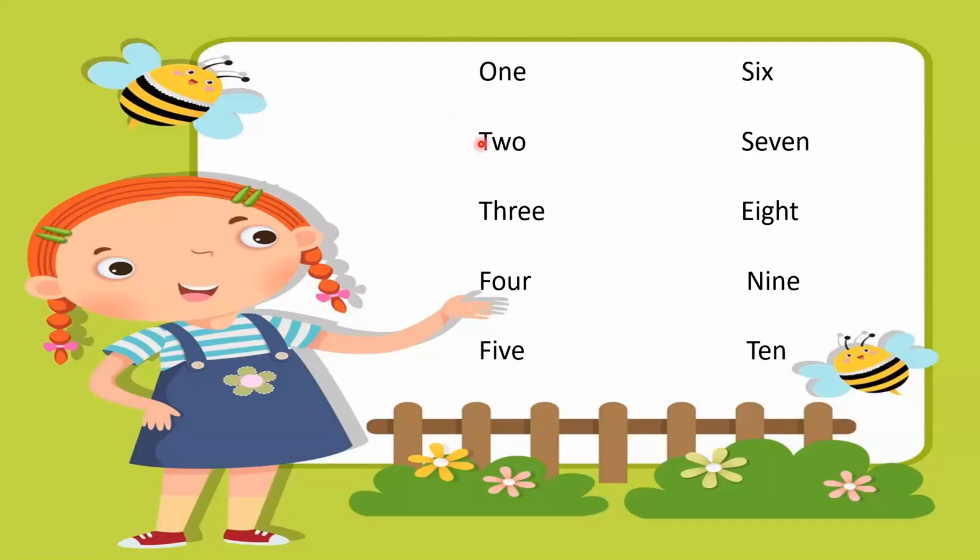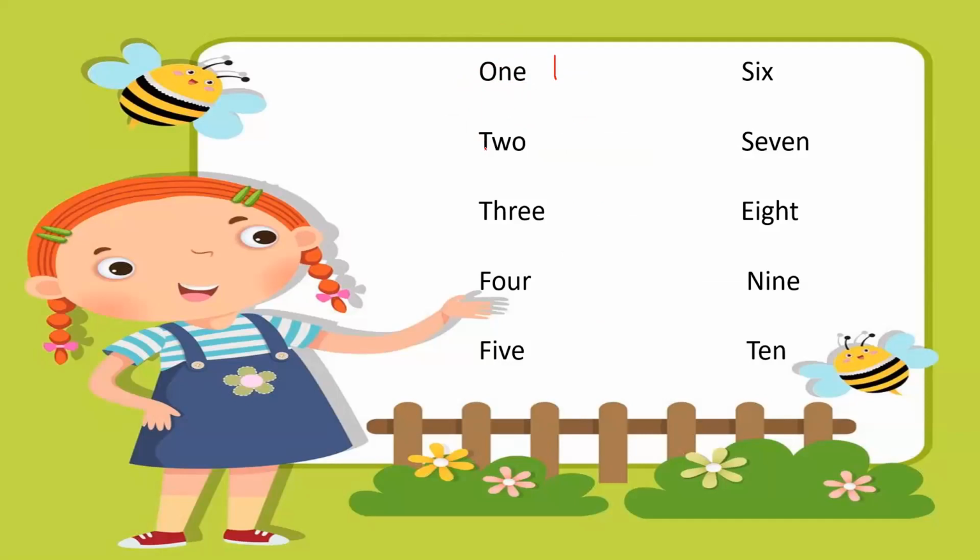Write in your notebook, not in the chat box. O-N-E, 1. How will you write 1 in number? 1 is written like this. Yes, everyone knows. O-N-E, 1.